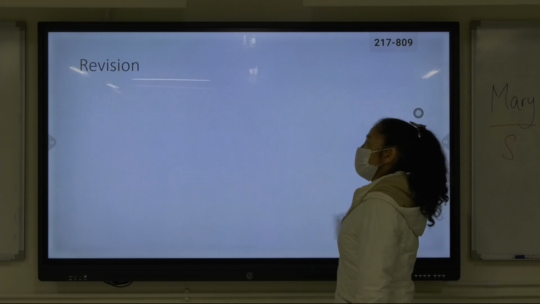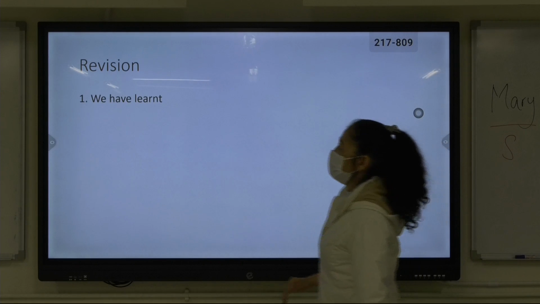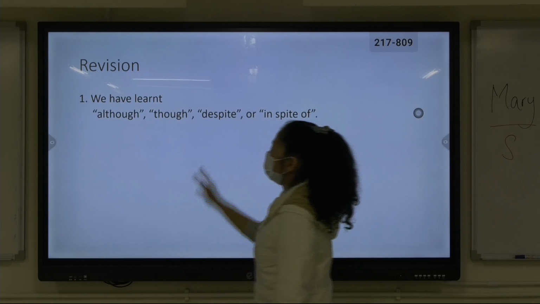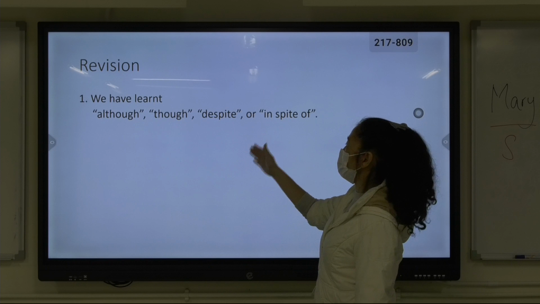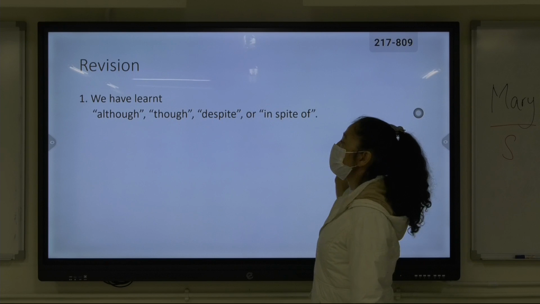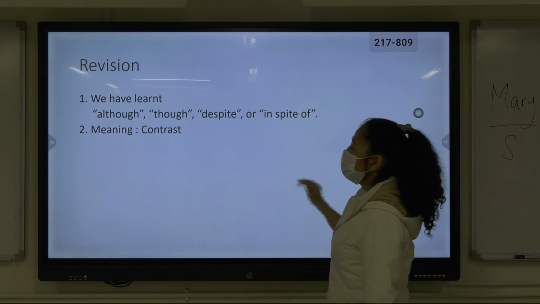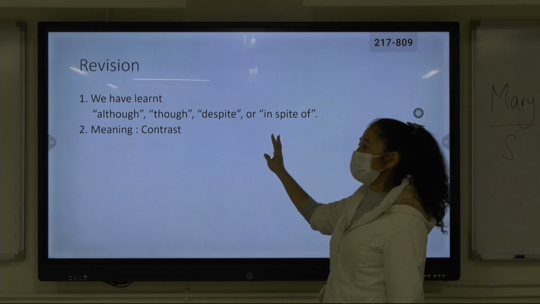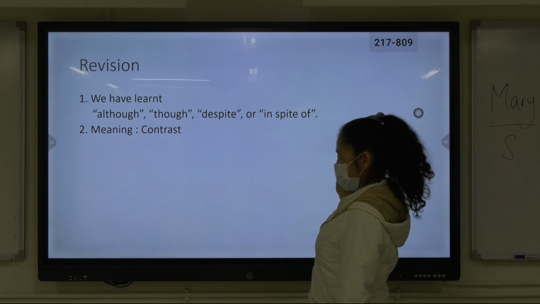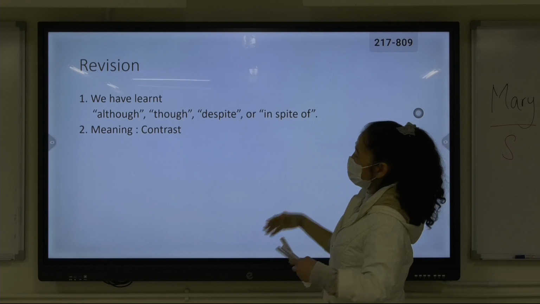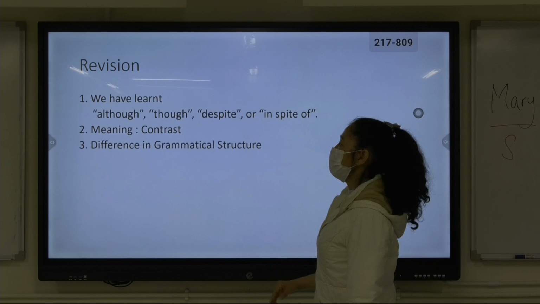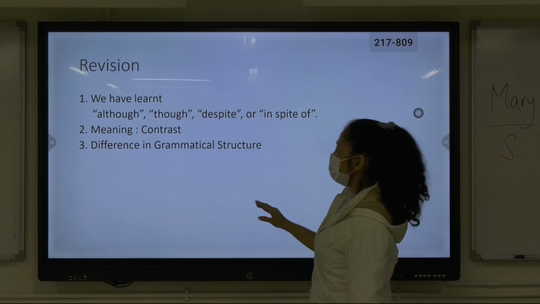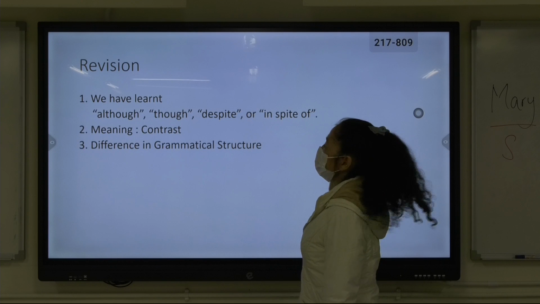Alright, now, revision. Today we've learned 4 connectives: although, though, despite, in spite of. The 4 carry the same meaning, referring to a contrast idea. And what are the differences? Basically, it's the grammatical structure.